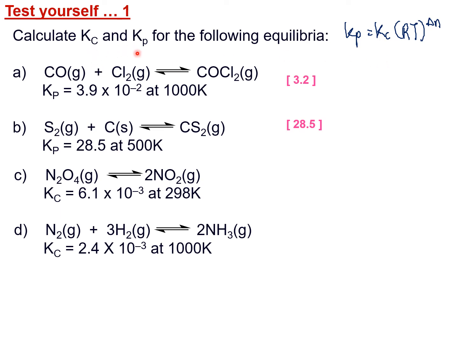Sebab dia suruh cari both kan. Tapi dia bagi tahu salah satu saja. And also you kena ingat delta N ni ialah the difference number of moles between gaseous punya number of moles of product minus reactants. Okay, untuk B ni nampak ada solid kat sini. So you kena berpandailah kira number of mole untuk B ni kalau dia ada solid.